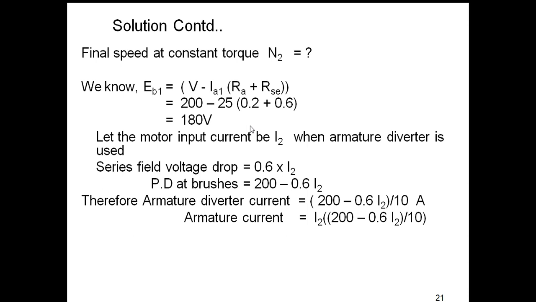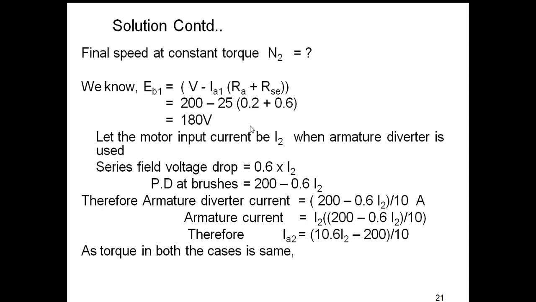The armature current is equal to I2 minus 200 minus 0.6 into I2 by 10. We get IA2 is equal to 10.6 I2 minus 200 by 10.